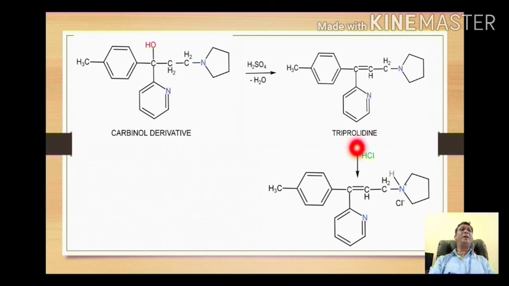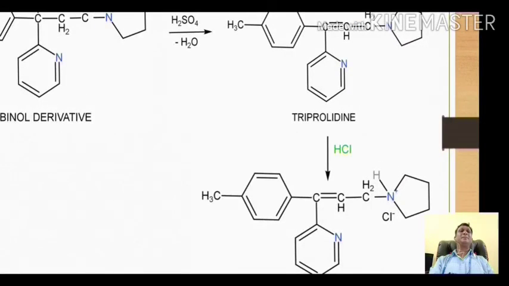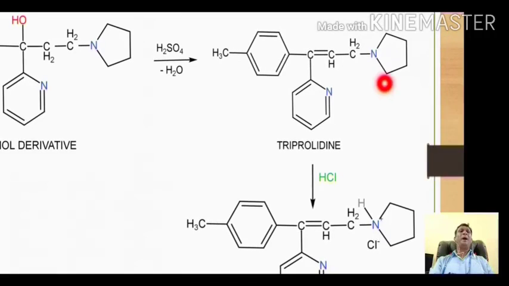So if we compare the pyridine and pyrrolidine, we find that the pyrrolidine is more basic in nature because it is aliphatic, while pyridine is less basic because it is aromatic base.